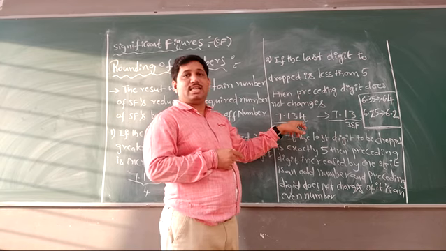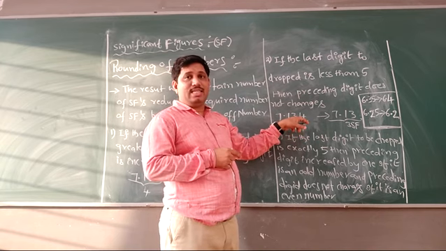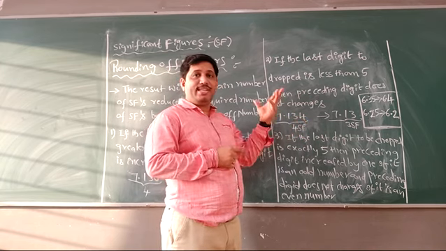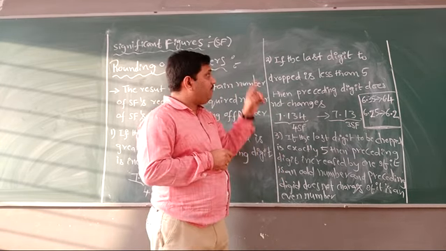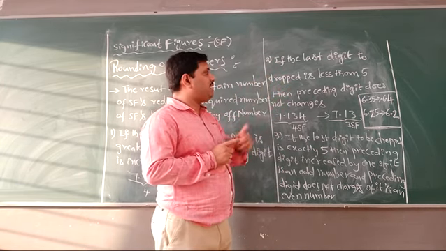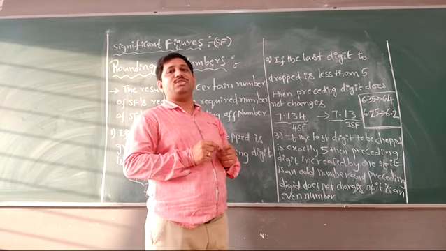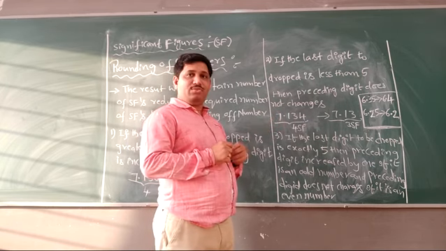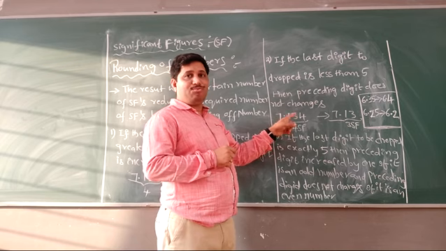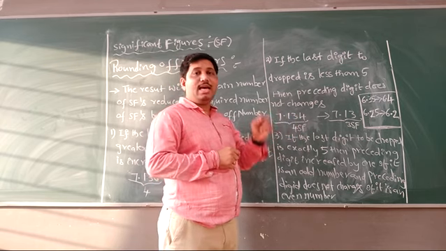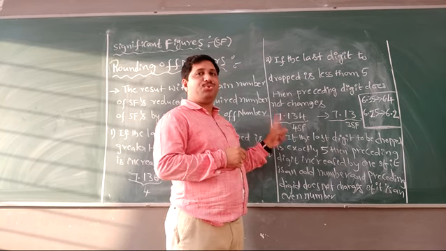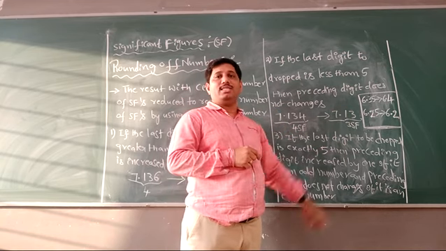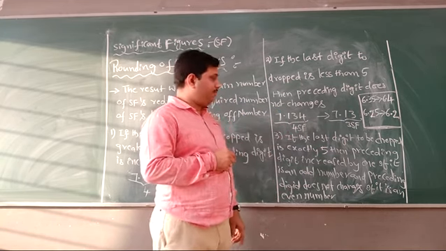The last digit is dropped, but it is less than 5, so the preceding number does not change. Clear, students? That 4 is less than 5, and the preceding digit is retained. 7.134 has 4 SFs, 7.13 has 3 significant figures.